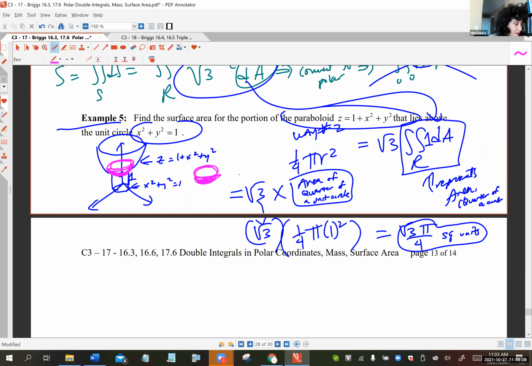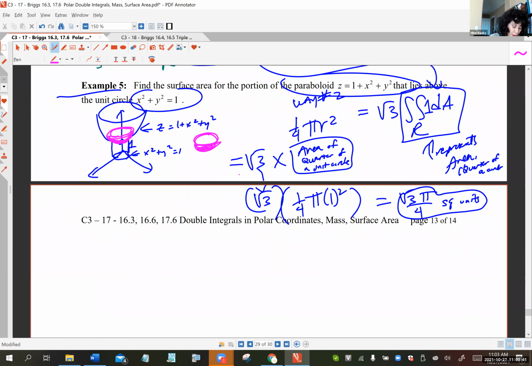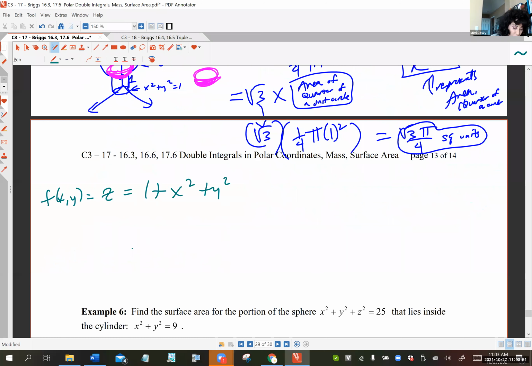Okay. So remember z equals 1 plus x squared plus y squared. That's your capping surface. There's your f. So you want to go get the partials because you're going to need those to set up that ginormous radical. So your surface area is going to be the double integral over the region R, and that's the unit circle there in the XY plane.